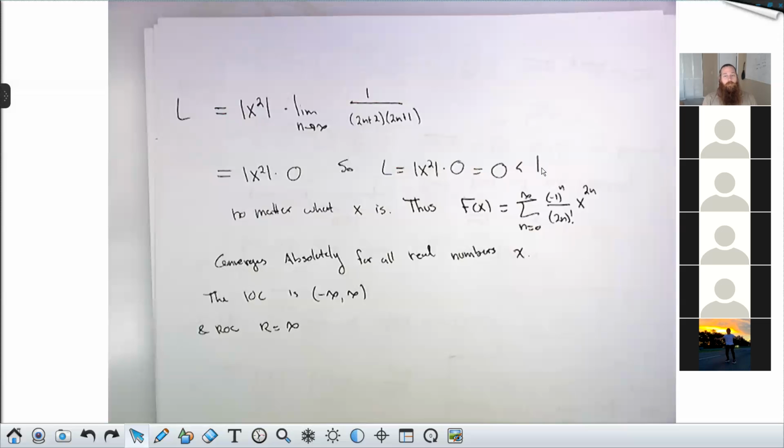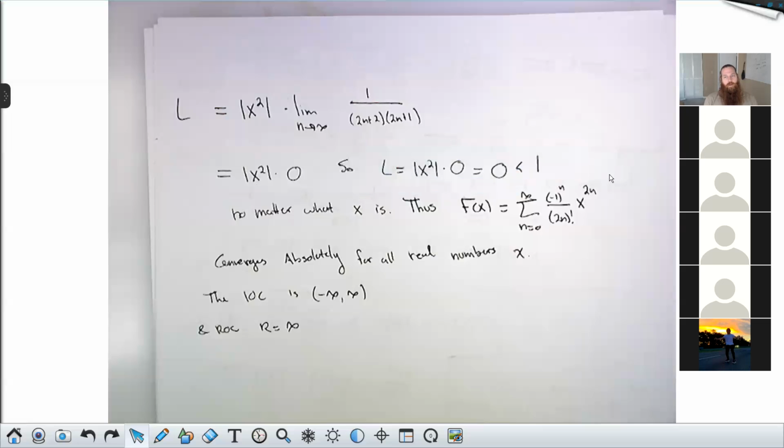So this is one of these interesting cases, right? If L comes out to the absolute value of x, or absolute value of x squared times some number, then you have to solve the inequality L is less than 1 in terms of the variable x. Here, L came out to 0. L is always 0 no matter what you plug in for x. And 0 is always less than 1.